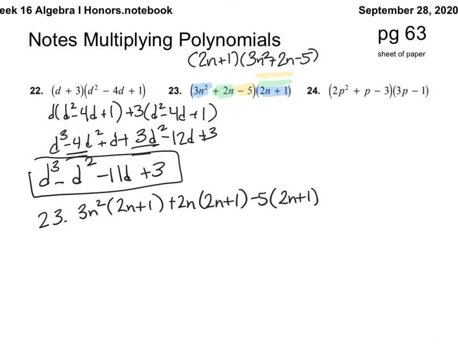Now I'll distribute each of those monomials that I'm multiplying by the binomial. Quickly, let me review. Monomial, one term. Binomial, two terms separated by a plus sign. Monomial, one term separated by multiplication. Two terms separated by a plus sign. Monomial, one term. Two terms separated by a plus sign. Trinomial, three terms separated by two signs, no matter what they are. This is also a binomial, two terms separated by a subtraction sign.